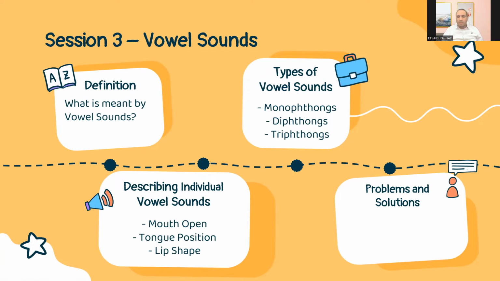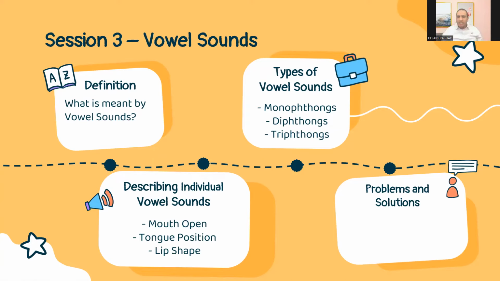So when it comes to describing individual vowel sounds, the monophthongs, the short vowels and the long vowels, we describe them using 3 factors. The mouth: open, mid, close. The tongue advancement or position: front, middle, back. And the lip shape.